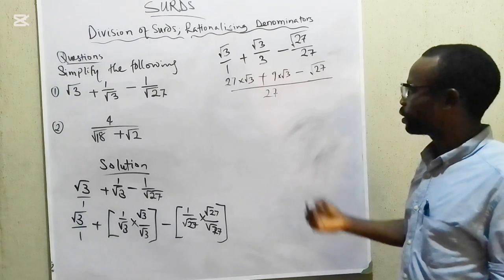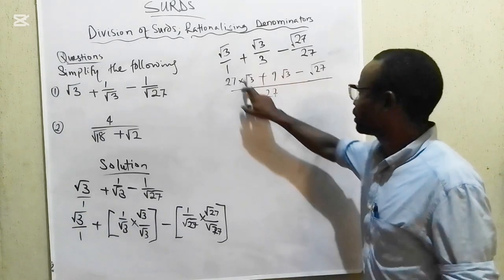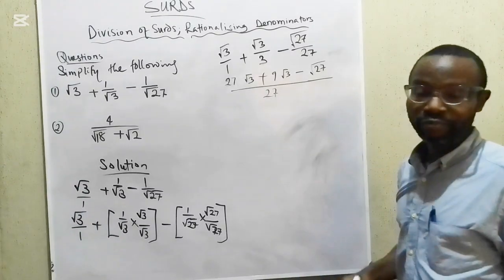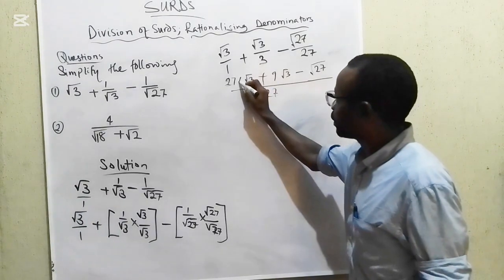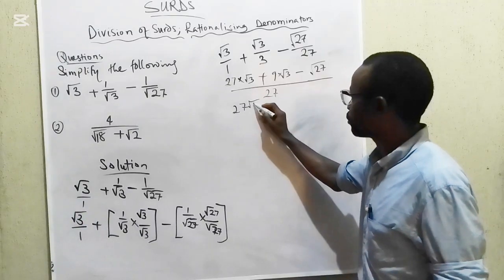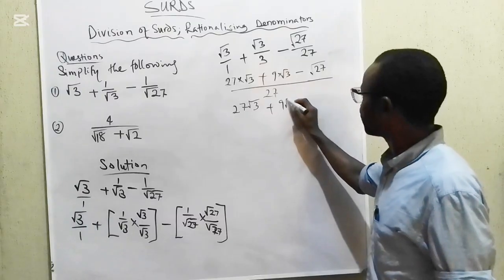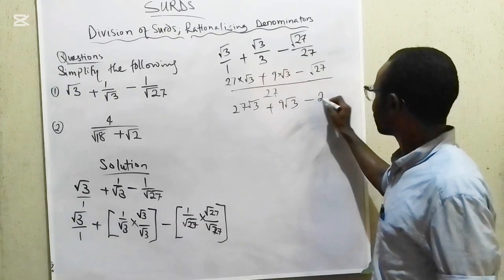So let's go on. But there's something you need to know. What we have is essentially 27 root 3 plus 9 root 3 minus root 27.